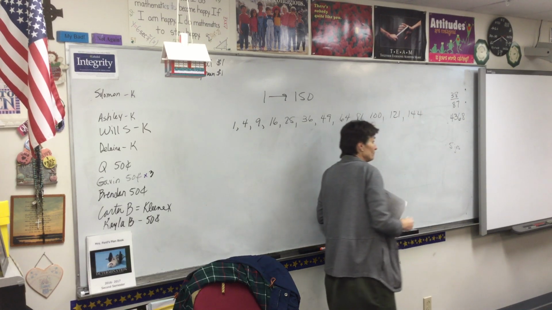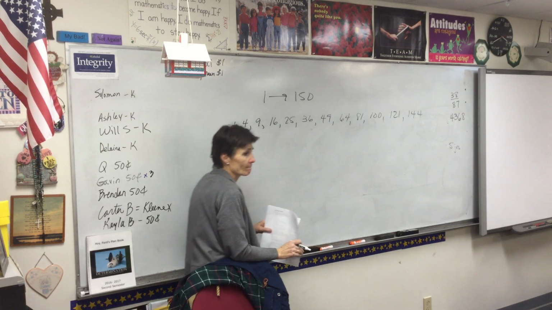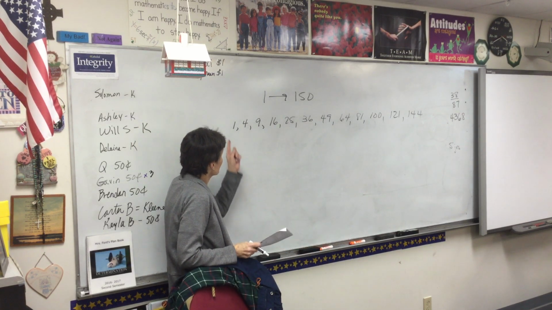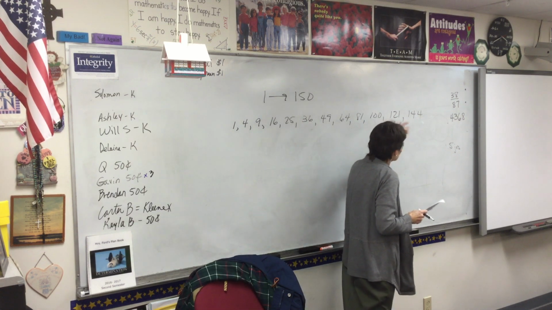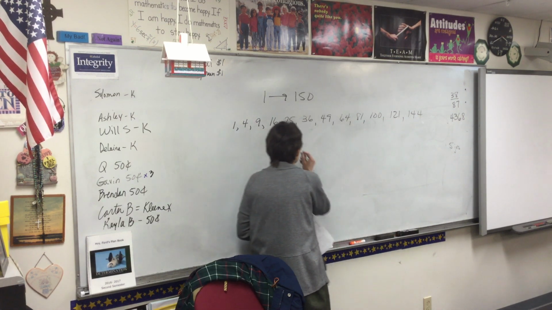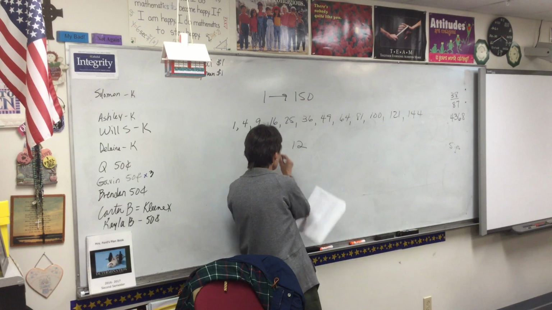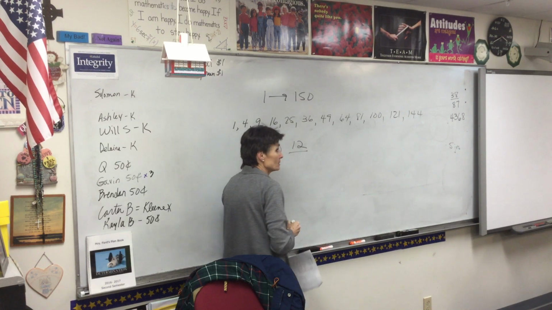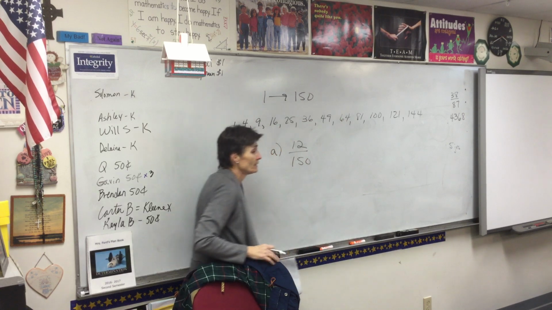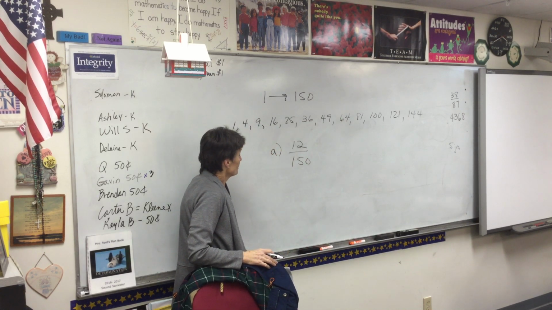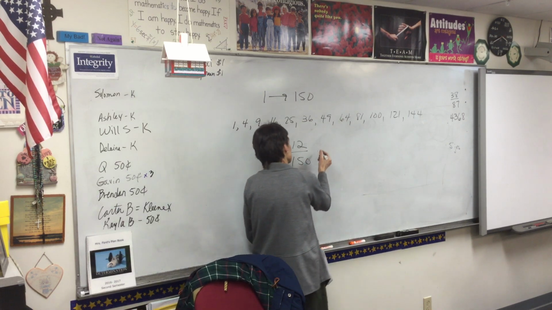That would be it, right? How many of those are there? 12? So the probability of getting a square number will be 12 over 150, which reduces to something.